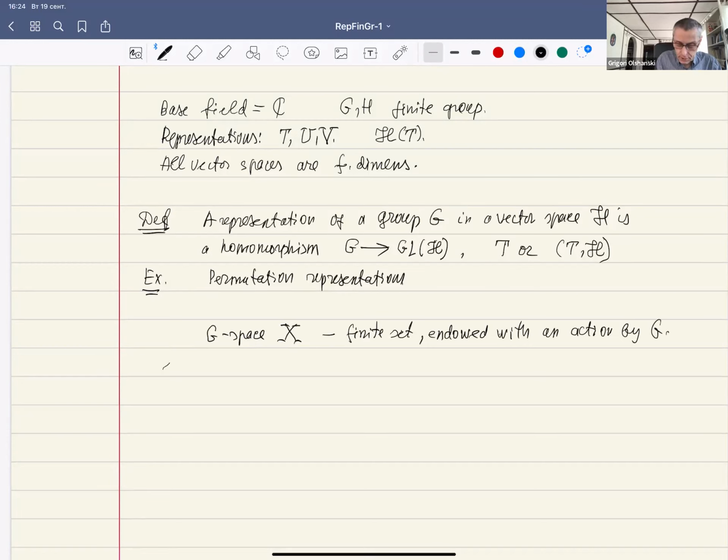So left action, the map satisfying usual axioms, and right action.